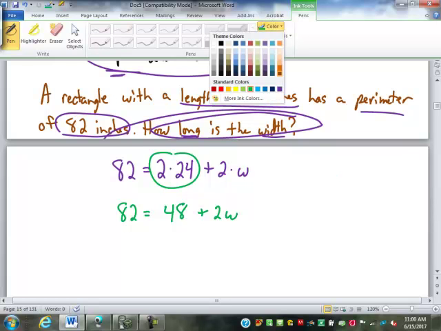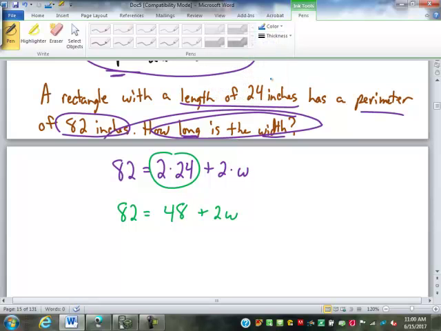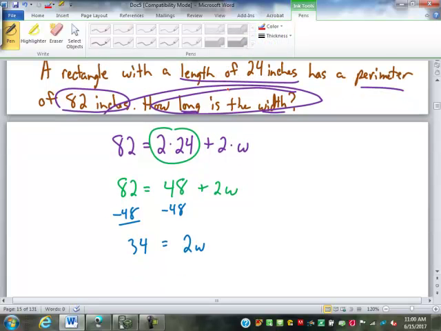What's next? Subtract 48. So 34 equals 2W. And then divide by 2. 17 equals W, done.